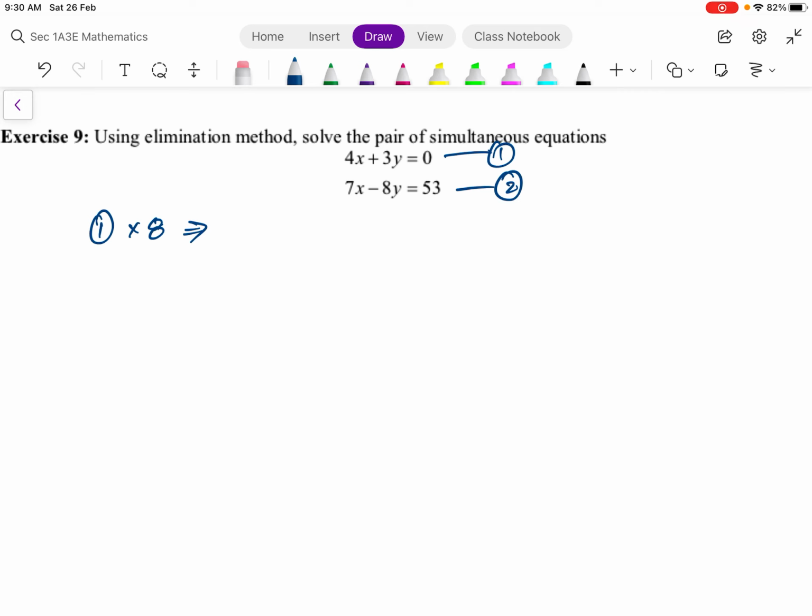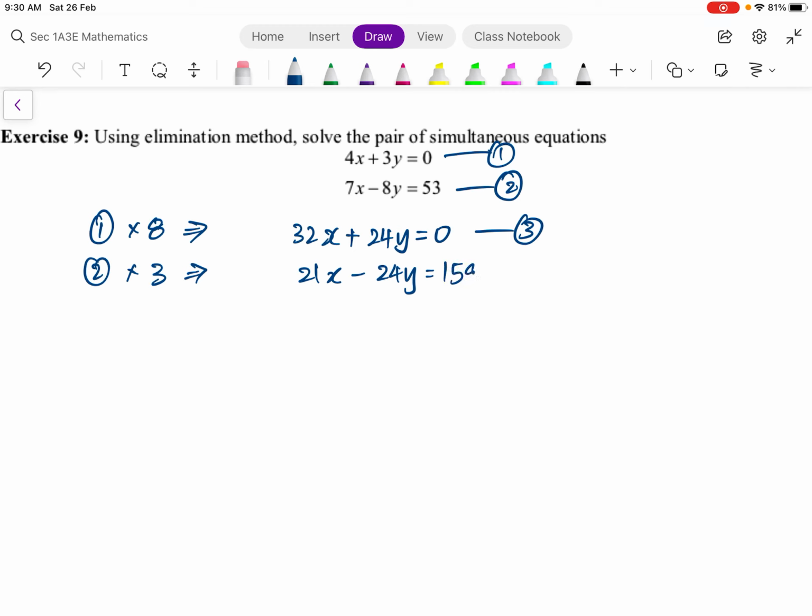So this would result in 32x plus 24y equals to 0. So we'll call this equation number 3. Now in the second equation, I want to multiply it by 3. So I get 21x minus 24y equals to, now 53 multiplied by 3, we get 159. So that's our equation number 4.